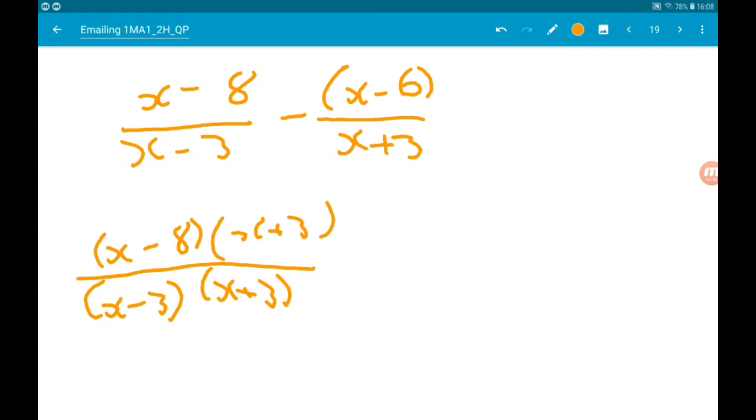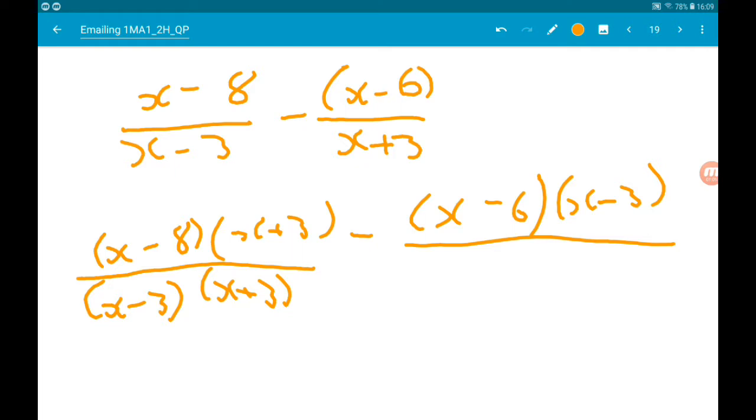Minus, now for the second fraction we are multiplying the top and bottom by x minus 3. So we get x minus 6 times x minus 3 all over x add 3 x minus 3, or x minus 3 x add 3.